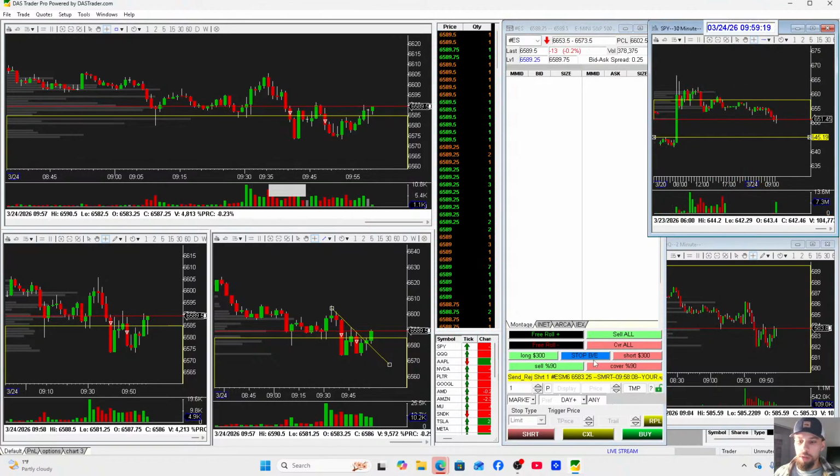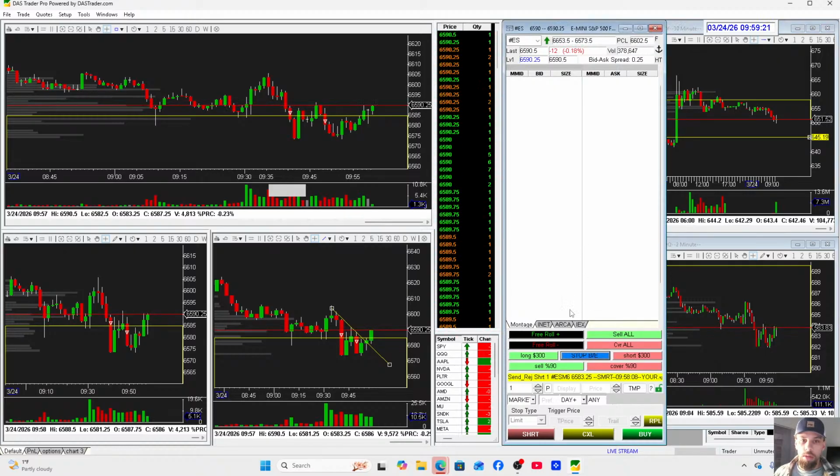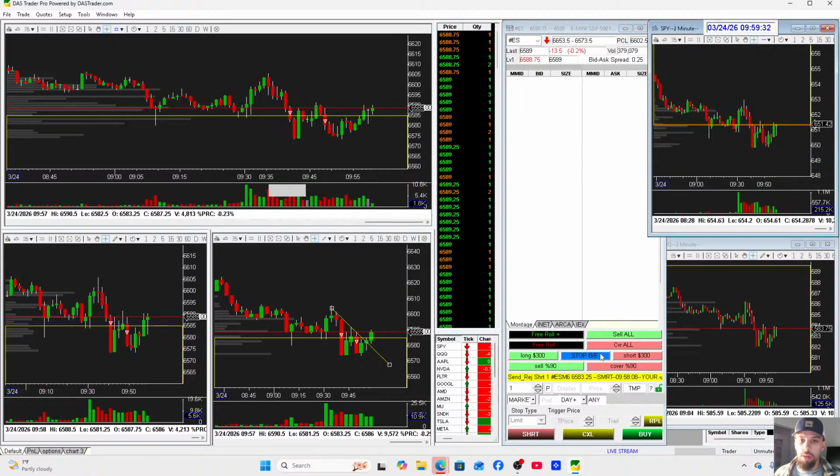30-minute candle's about to close. Ready to get out here. Looks like it's gonna rip through it.